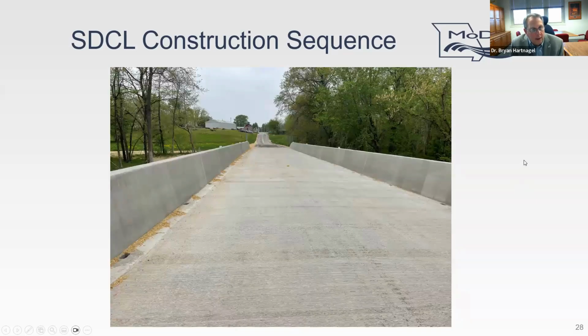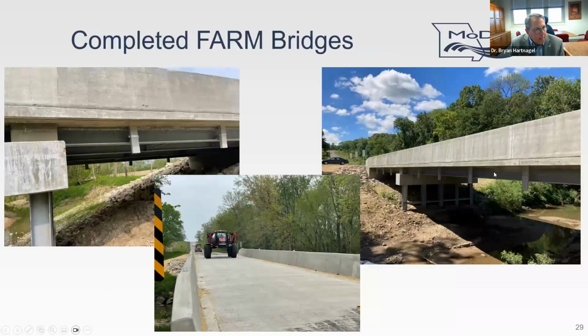Our typical barrier is a single slope, 42-inch high barrier. We call it a type H, but anyhow, it's 42 inches. If we have sight distance issues, we can use a 36-inch barrier.